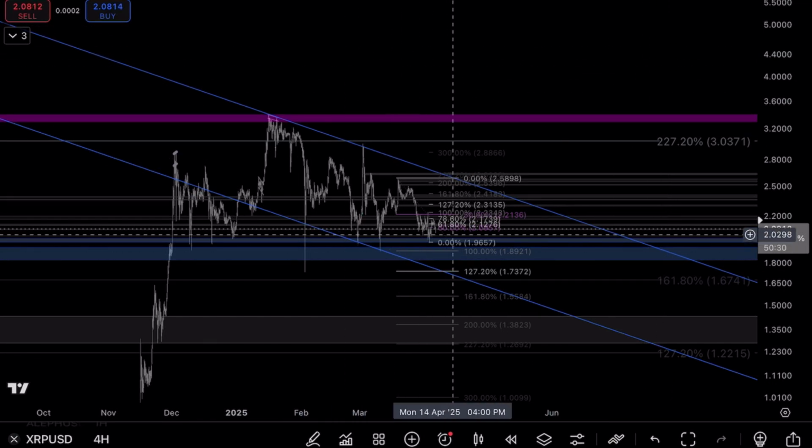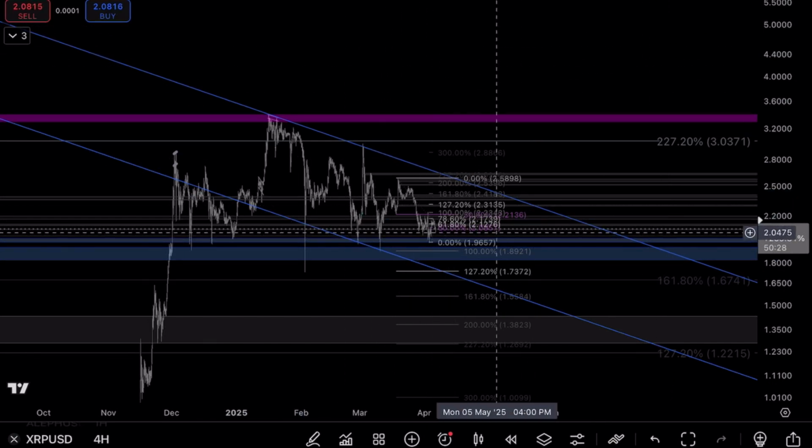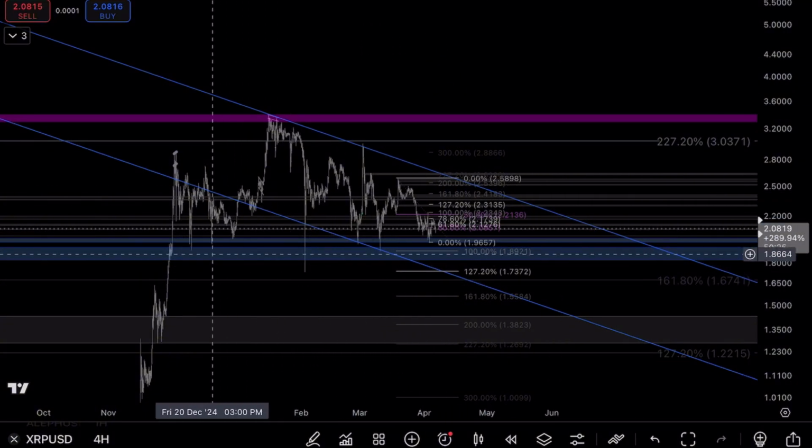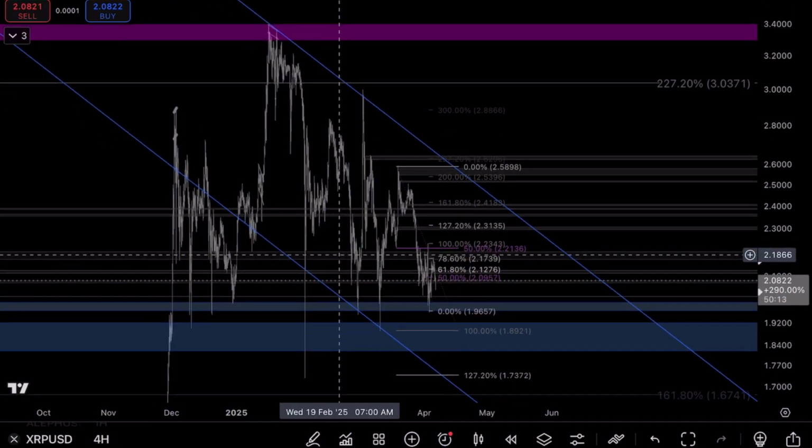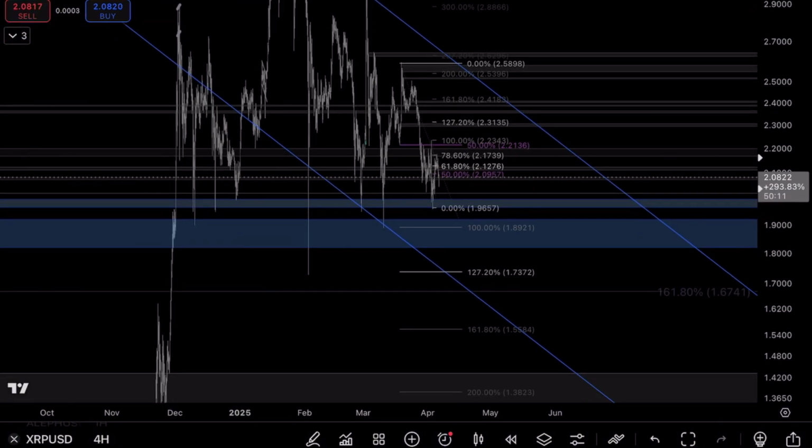So this is for the 4 hour. I also changed it from green to blue since we're getting near spring, and I got tired of seeing the green. I just wanted something a little calmer on my eyes, so I'm using blue and pink.